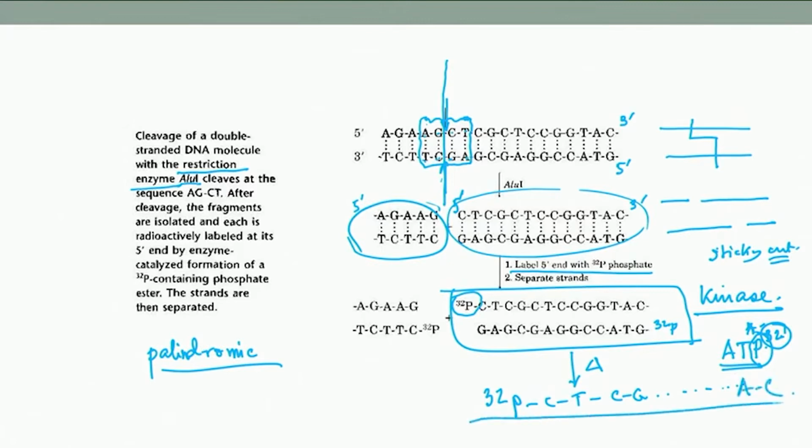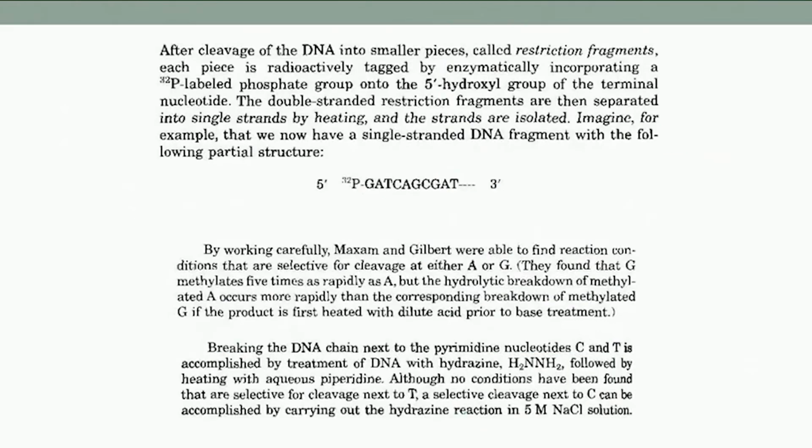So, now you have isolated a DNA strand which is labeled with 32 phosphorus at the 5 prime end. Okay. This is the starting point of Maxam Gilbert sequencing.